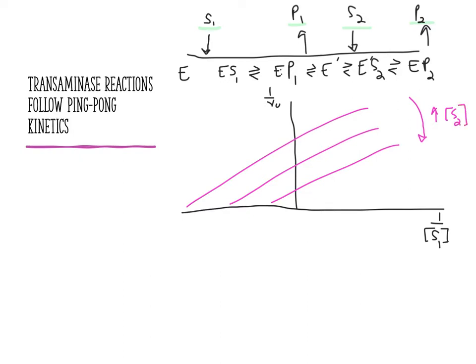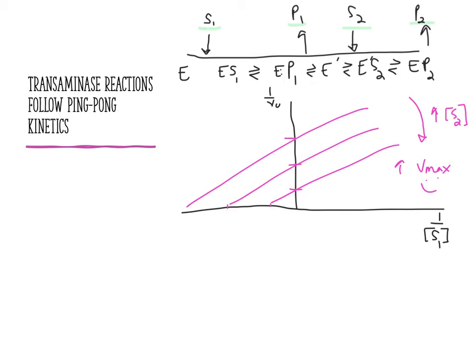So what does this tell you? This tells you that as you increase substrate 2, you increase the Vmax. Well, that's a good thing, because then the enzyme is becoming more and more efficient, it's being able to spit out more and more product.